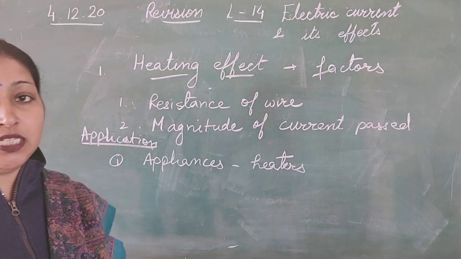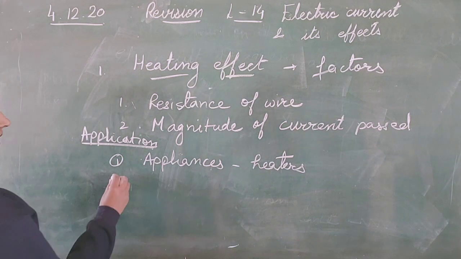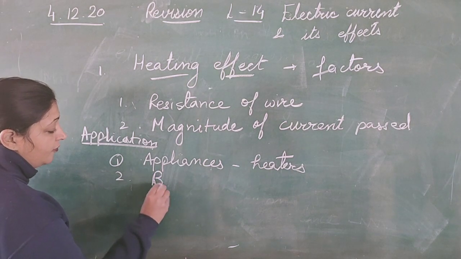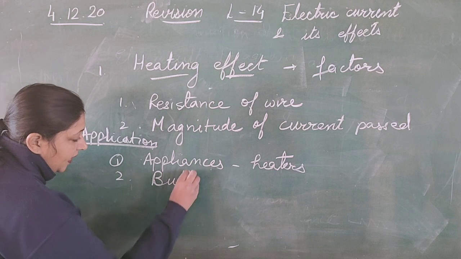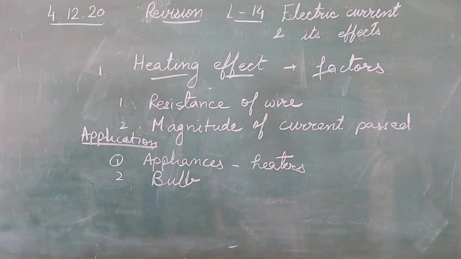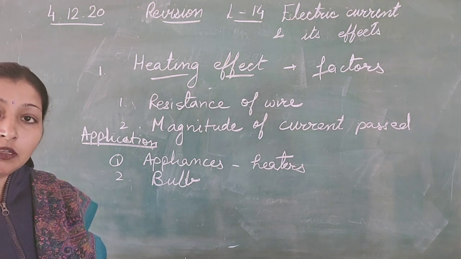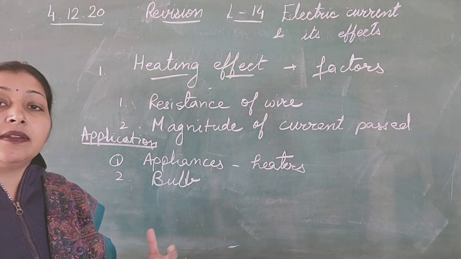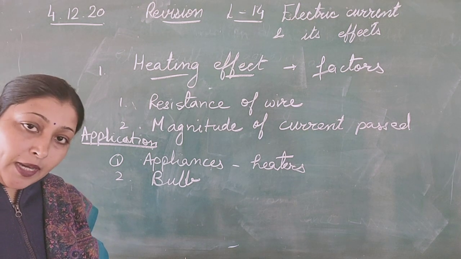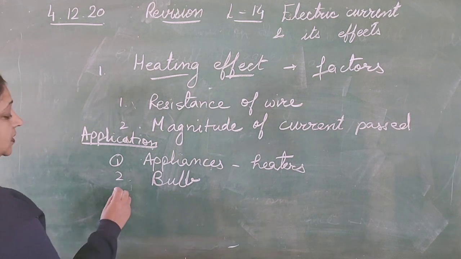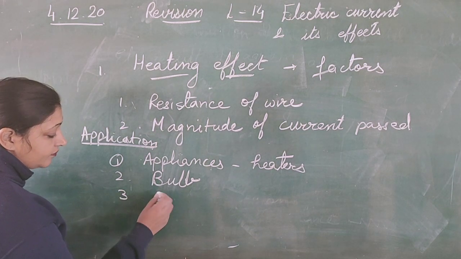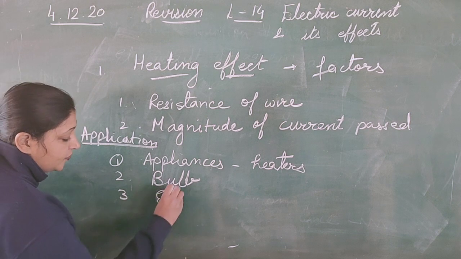It produces heat. Second, we are using the bulb. We all have studied that a bulb has tungsten metal. And when you switch on the electricity, this tungsten metal gets heated up. I hope it is clear. Third is the electric fuse.